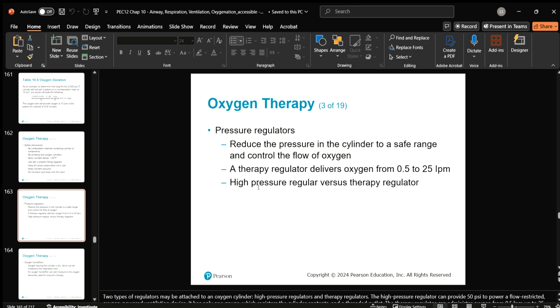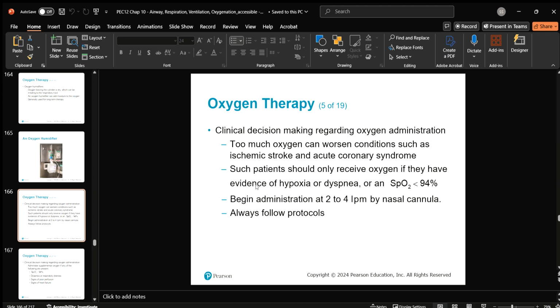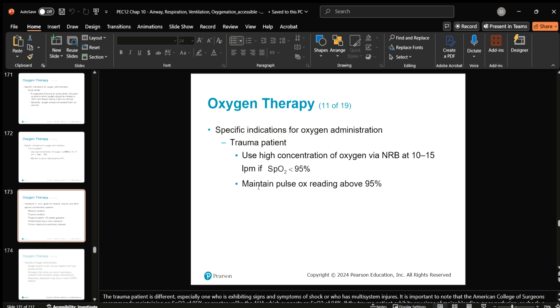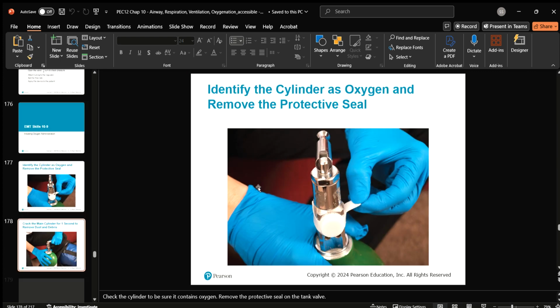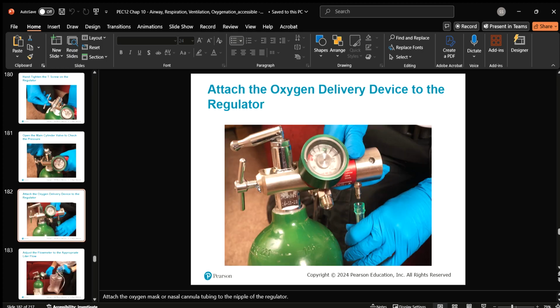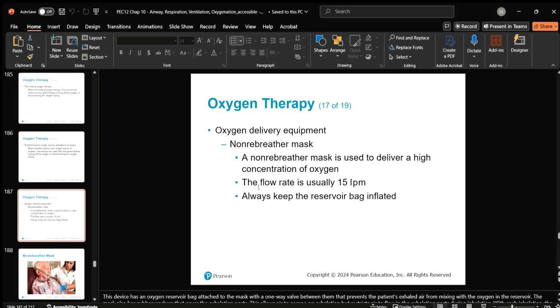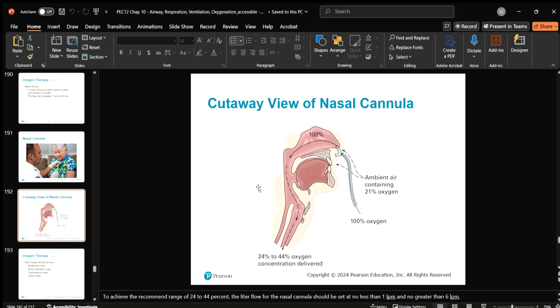It talks about how we store it, pressure regulators, humidifiers. This is probably less about what we need to know. Oxygen administration, we know all this. This is part of our skills, stuff that we talked about in our skills.